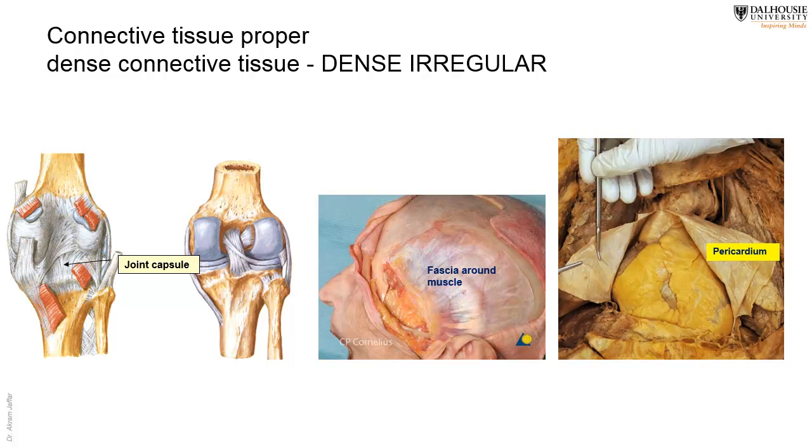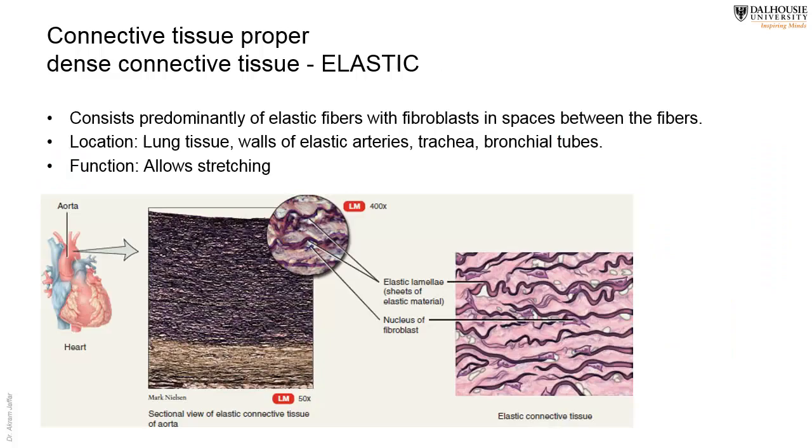One of them is loose areolar tissue, and the other one is dense irregular connective tissue. And the third type is the elastic connective tissue, an obvious example of which is seen here in the wall of the great vessels like the aorta. It's also present in the trachea and the lung tissue as well.